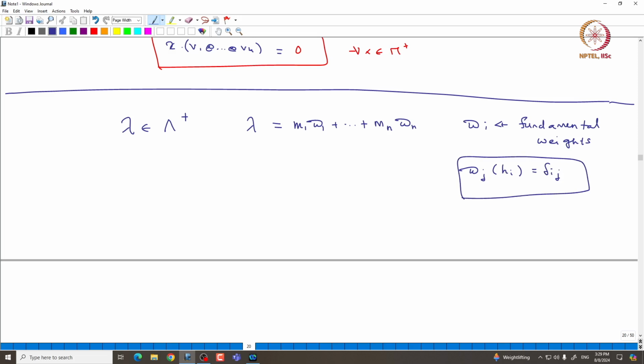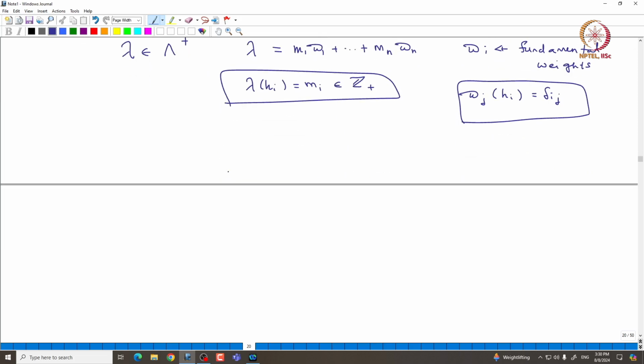Since omega i is dual to h_i, the h_i being a basis of h, the omega i will be linearly independent and form a basis of h star. So, given any lambda, you can write it in terms of this omega i basis. Now it is easy to see that lambda of h_i is m_i, and those must be non-negative integers.